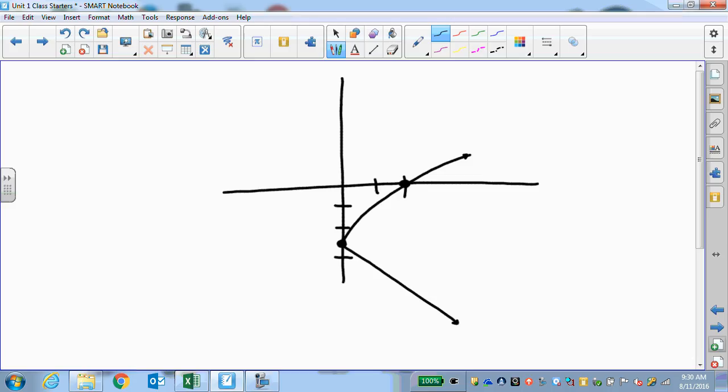I'm just making stuff up. But at the same time, I could also draw a graph that goes through those points and is a function. Like I could do this. That's a function, isn't it? So which one is it?